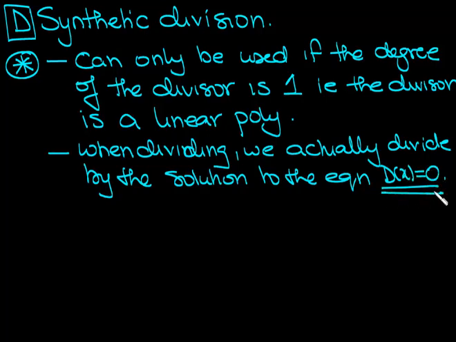So we don't divide by dx like we do with long division. That means you take your dx and set it equal to 0, and whatever the solution to that problem is, that's what you actually divide by.